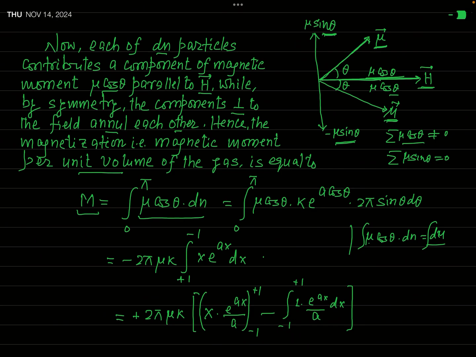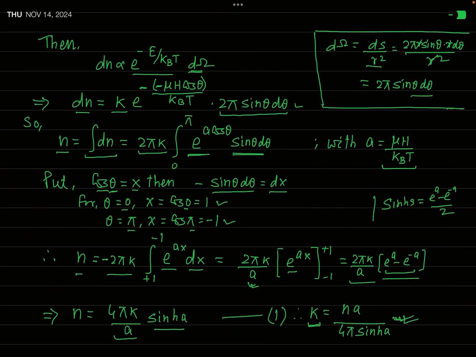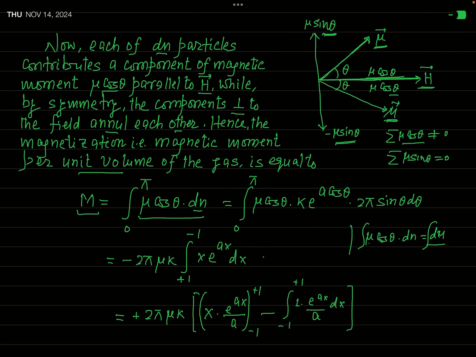Now let us substitute the value of dn which we have obtained earlier. You can see this is the value of dn. So this is μ cos θ, and dn is k times e to the power μH cos θ divided by k_B T times 2π sin θ dθ.